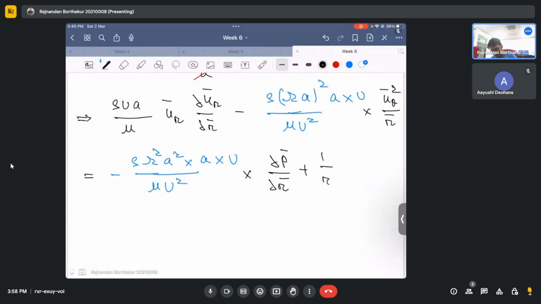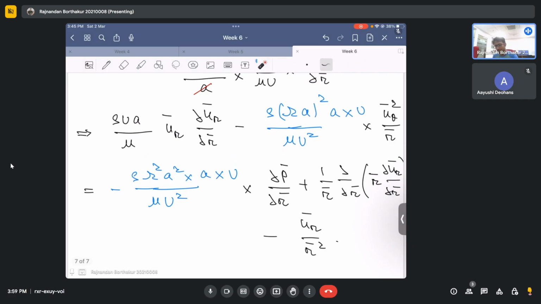It is 1 by r bar times del r bar of r bar del u r bar by del r bar, minus this term u bar by r bar squared. The math is a little bit involved here, but it will be a fruitful one. So can you tell me what basically is this?